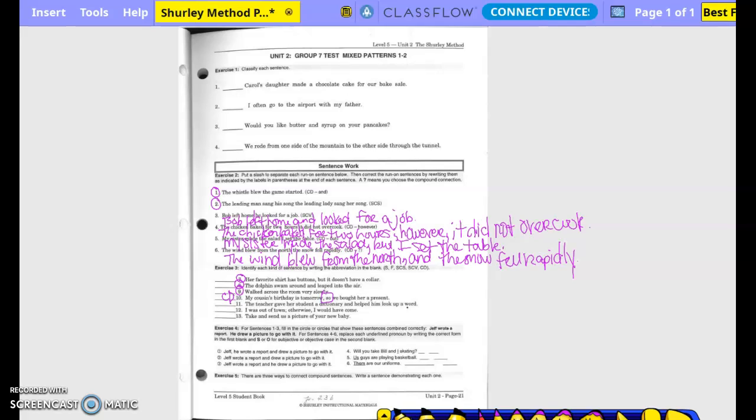So and, right? Okay, but is there any punctuation with it? No. So that means you either have a sentence with a compound verb or a sentence with a compound subject. So which one is it? Verb, right? Because of gave and helped, right?